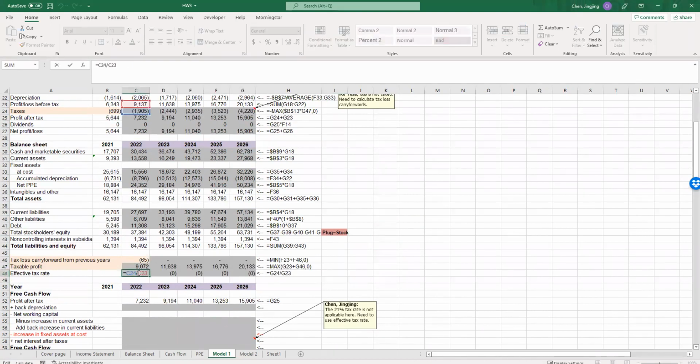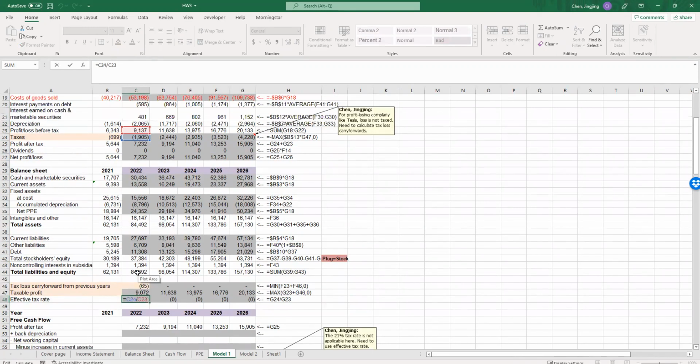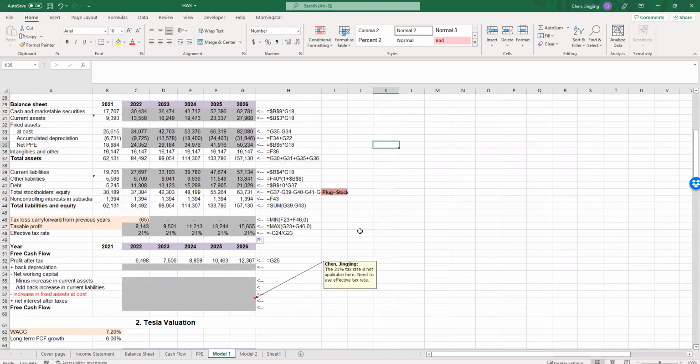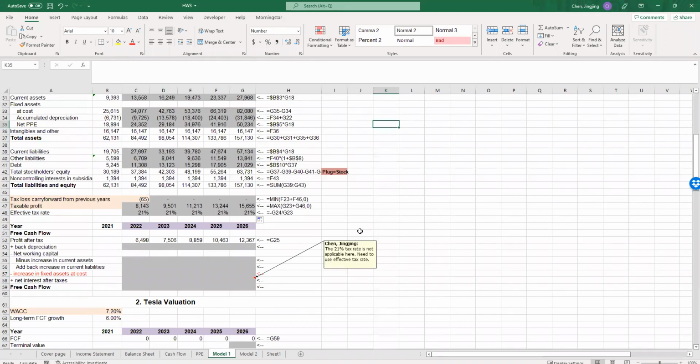Okay, let me check my calculation for effective tax rate. So it should be tax over profit before tax minus. Okay, everything looks good.